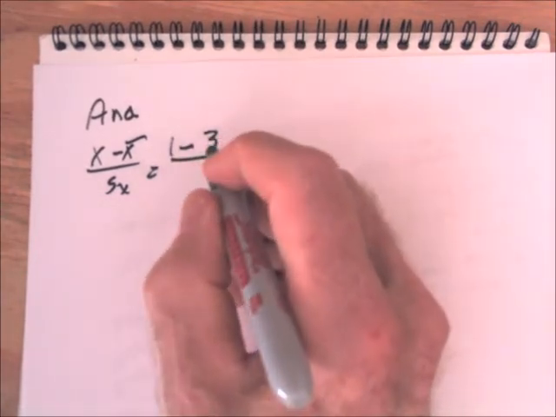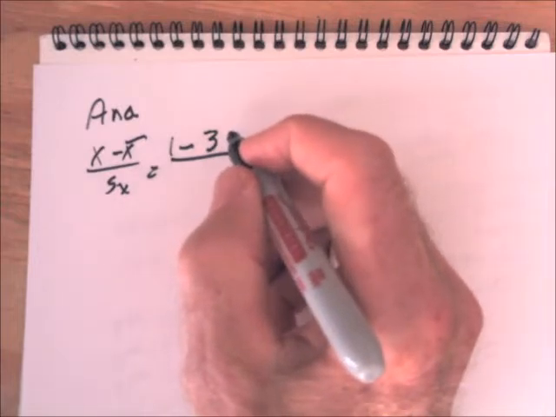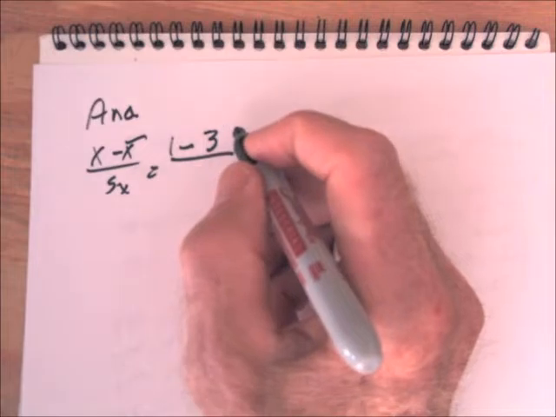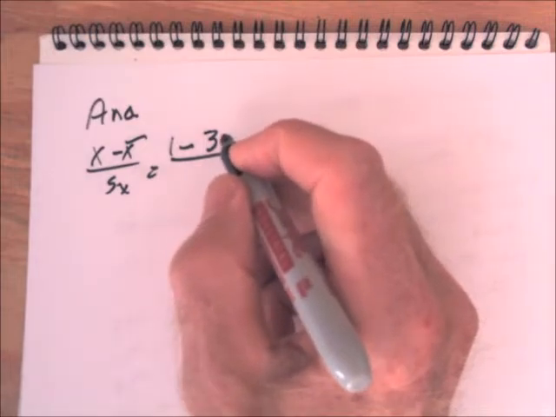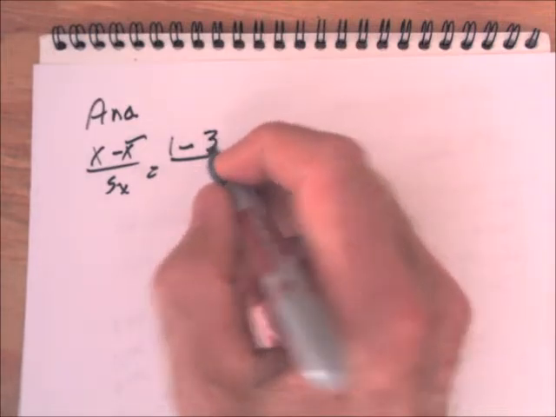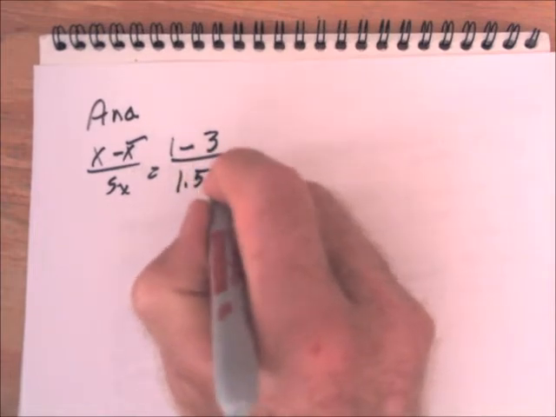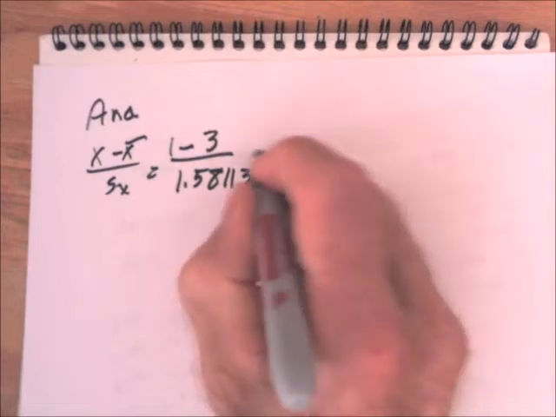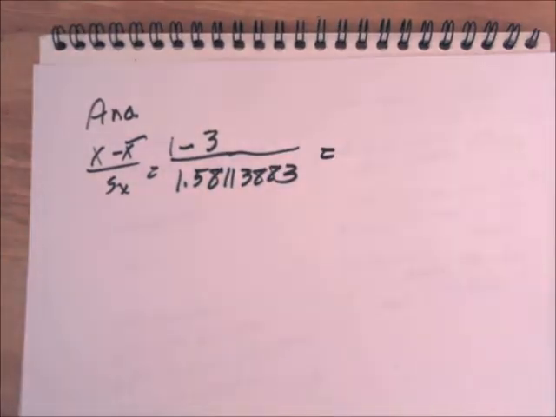Standard deviation, this is the 1.58 something. It'll help if you store these in memory in your calculator, so you don't have to keep typing them in. Put this in a calculator.